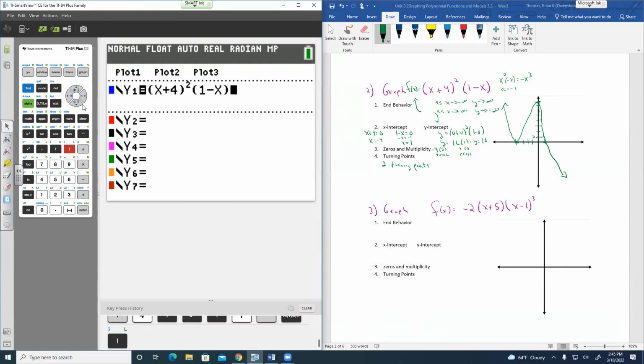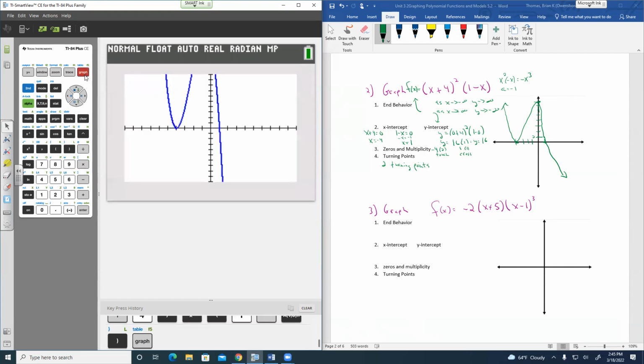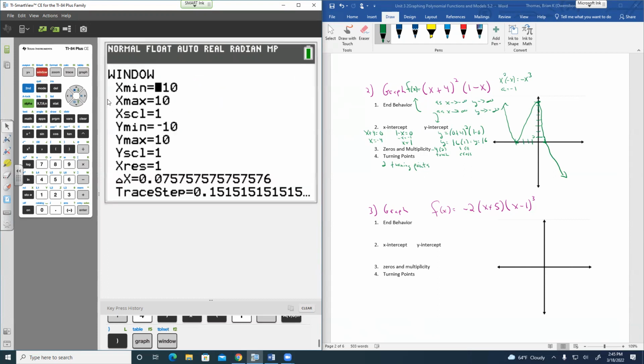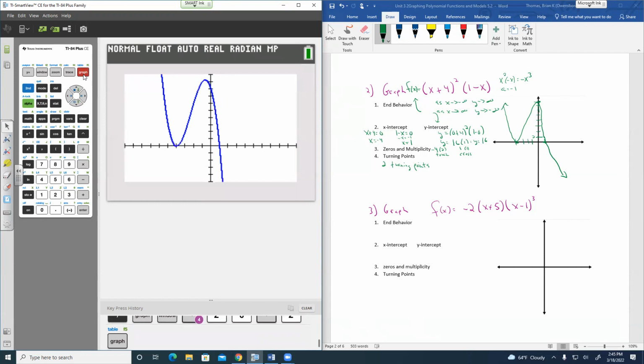If I graph that, notice how it does kind of mirror my graph. The scale just doesn't go up high enough. But if I did change my window where my y max was maybe like 20, and if I go by 2s, I should be able to capture now that turning point up there.